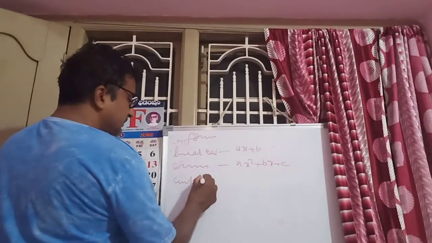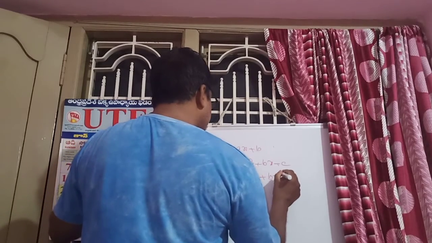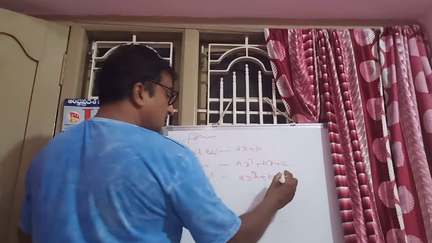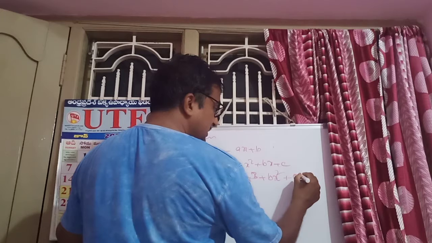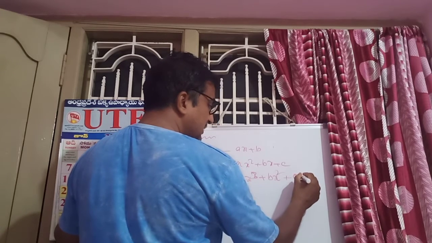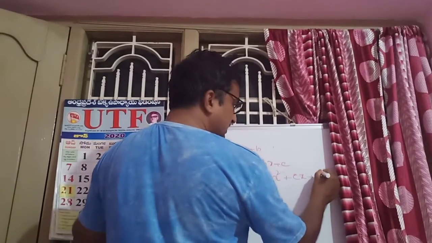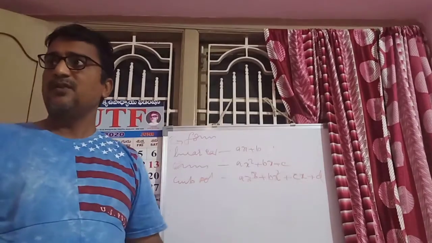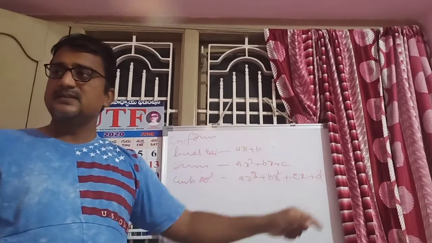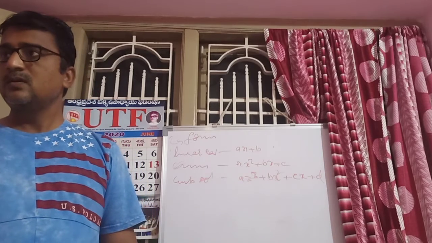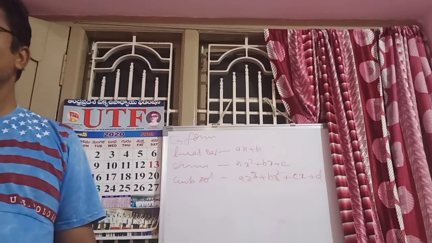Cubic polynomial: ax cube plus bx square plus cx plus d. x cube, x square, x, constant. Repeat once again: x cube, x square, x, constant. Is there any confusion?